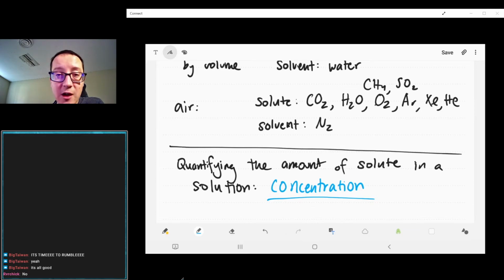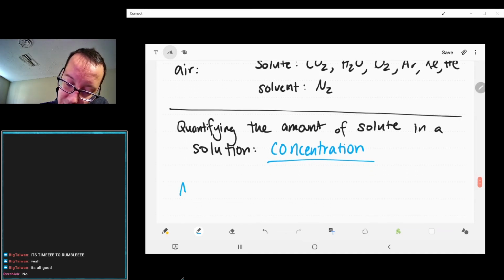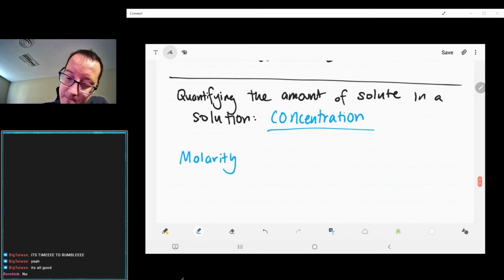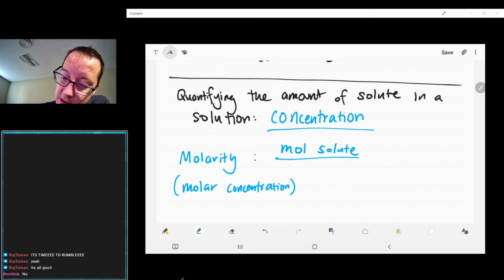The most common that we deal with in chemistry is something called molarity, or also known as molar concentration. But no one says molar concentration, everybody says molarity. And that is going to be the moles of solute, whatever solute you're looking at, per liters of solution.